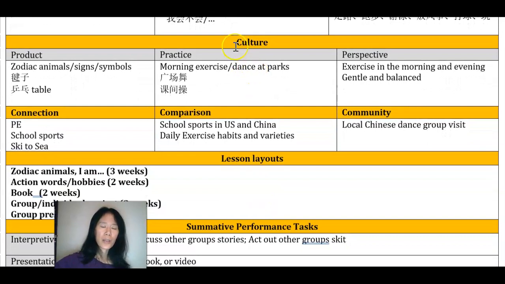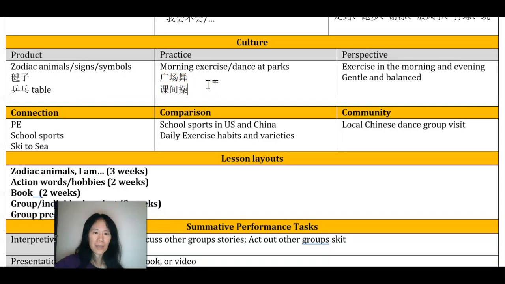So culture, again, connecting the 5 C's, that's culture. So culture product, for me, for zodiac animals, and zodiac signs and symbols. For actions and sports, that's 毽子 and the ping pong table or other. It's just here's some I want; if I think of something later, I just add on to it.